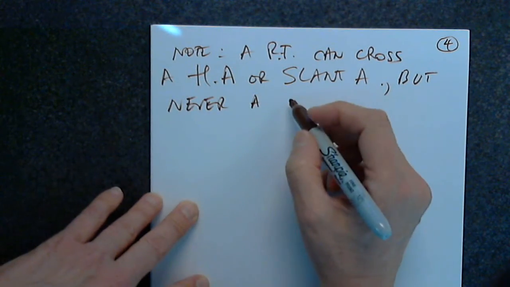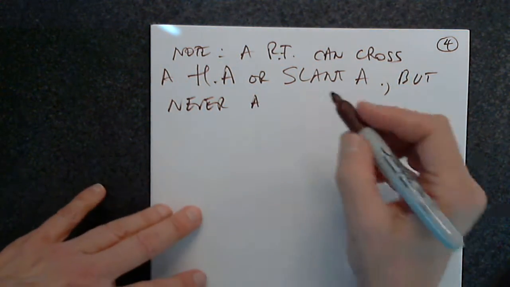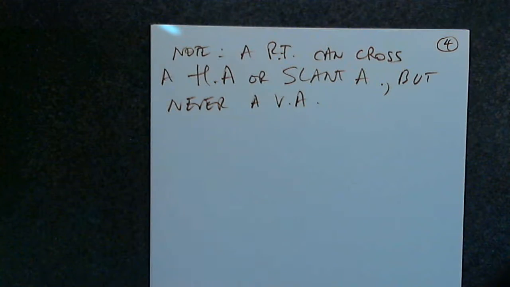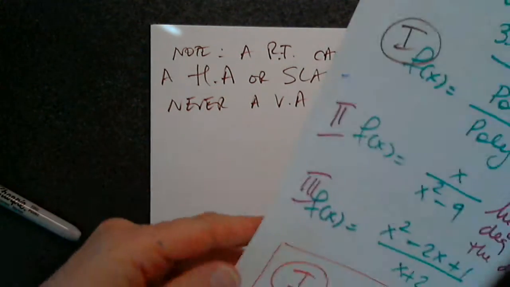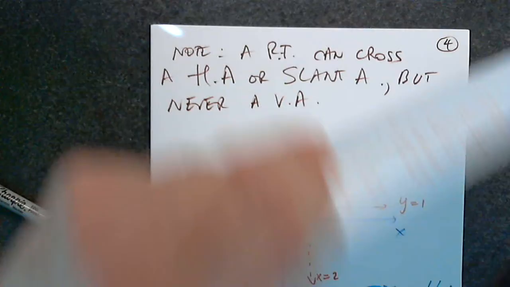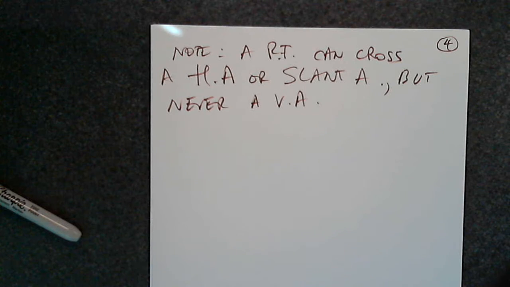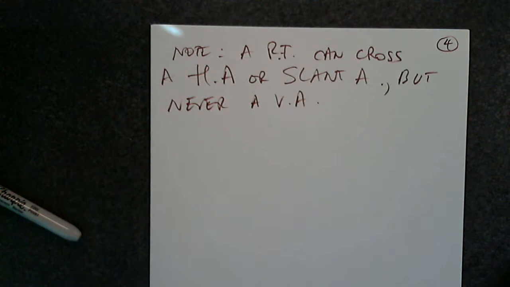Never vertical. Exactly, because it's undefined. It can cross a horizontal asymptote. It can cross a slant asymptote, but it will never cross a vertical asymptote. Excellent. Because the function is undefined there. So it can cross a horizontal or slant, but it can never cross a vertical.